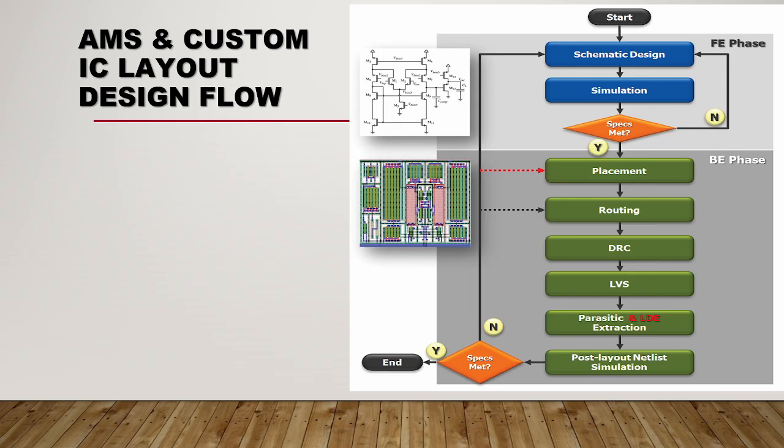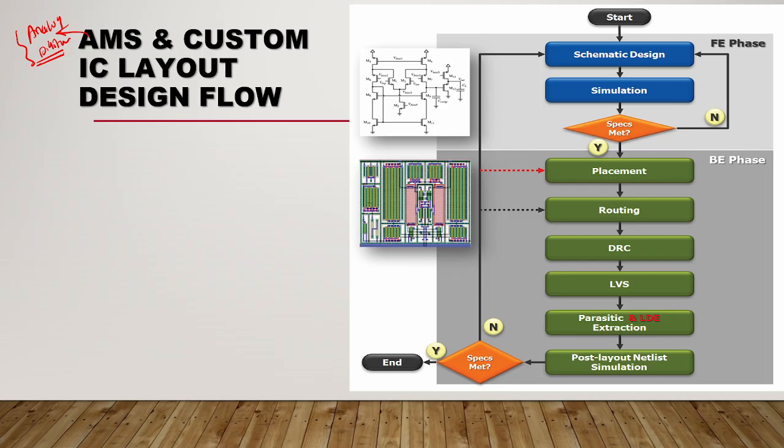So AMS is nothing but analog and mixed signal. We are studying about the basic analog and digital. VLSI is nothing but a combination of both analog and digital. So analog people will do this analog layout, and digital people do the ASIC design flow I told you about.